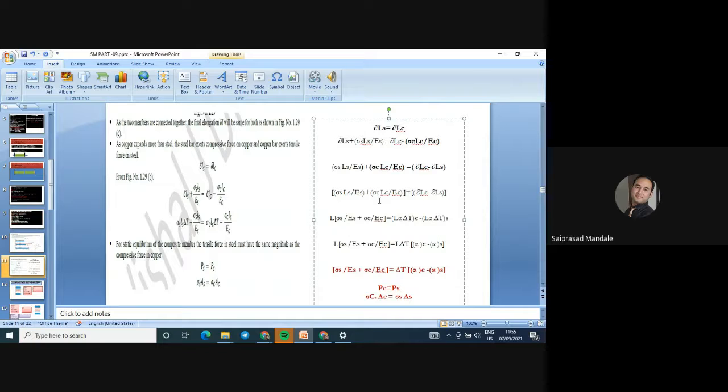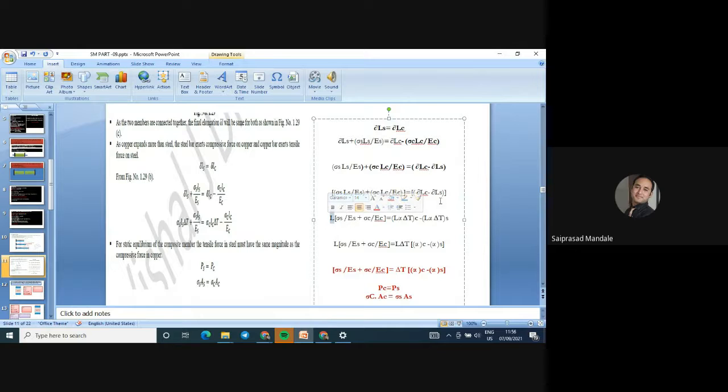Now, as the length of both the materials will be the same, that is LS equals LC, so we can make it common. From this equation, I'm going to withdraw LC equals LS, so I'm going to replace LC and LS by L only.